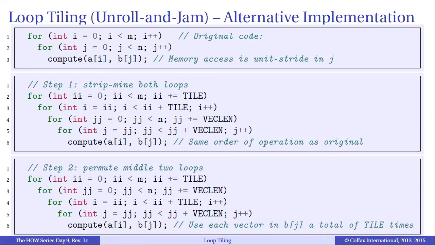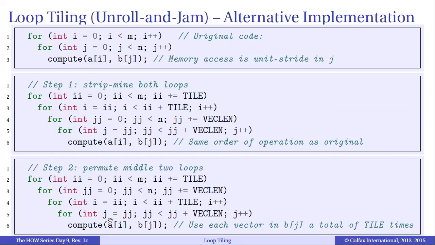If you want to see what exactly happens here, or if you want to implement it so that other compilers can pick it up, you can do unroll and jam using double strip mining. So if you strip mine both loops and then you permute the inner two loops, this is what will happen. The inner loop will be in J, and the length of this loop we will have to pick as the length of your vector register.